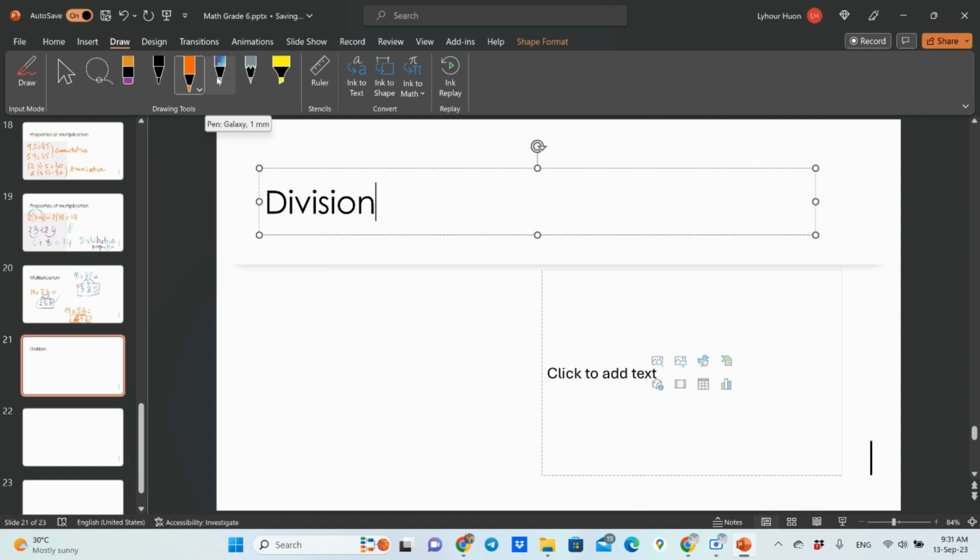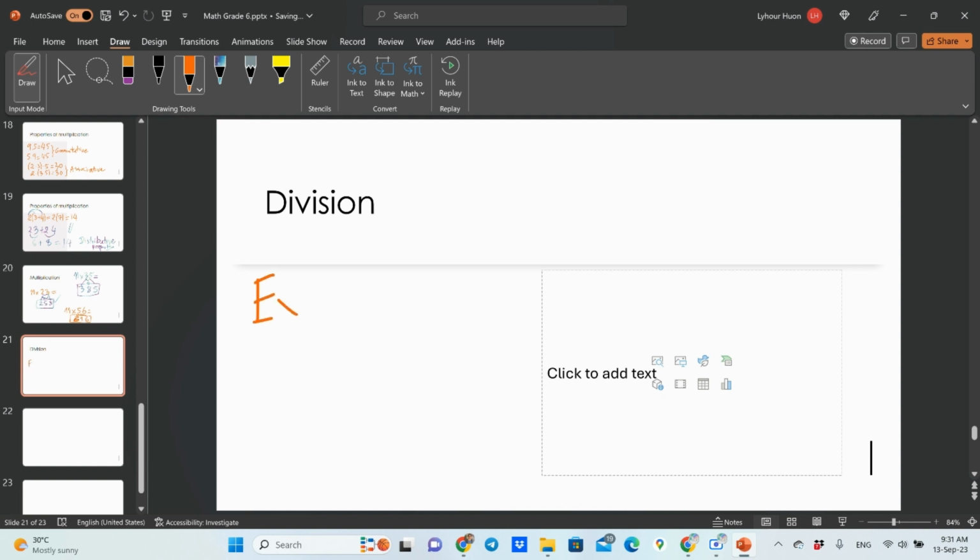For example, 24 divided by 6 is 4. How do we address the first number, 24?